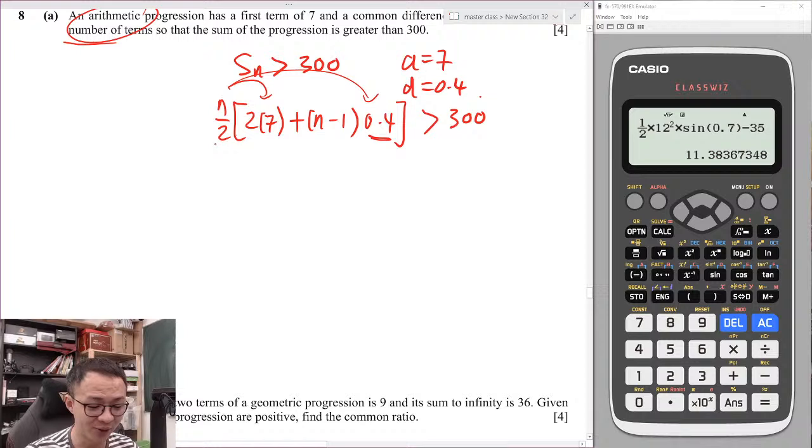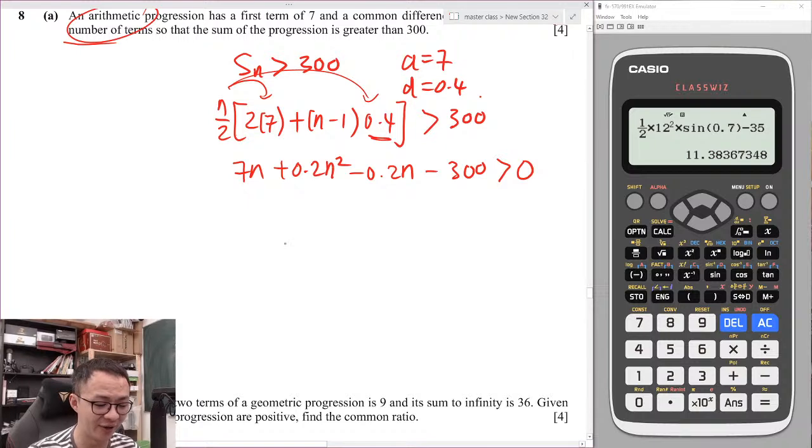I will just multiply. So this one is 7n. This one multiply 0.4n will be plus 0.2n squared. This one multiply negative 0.4 becomes negative 0.2n as well. And then minus 300 bigger than 0.